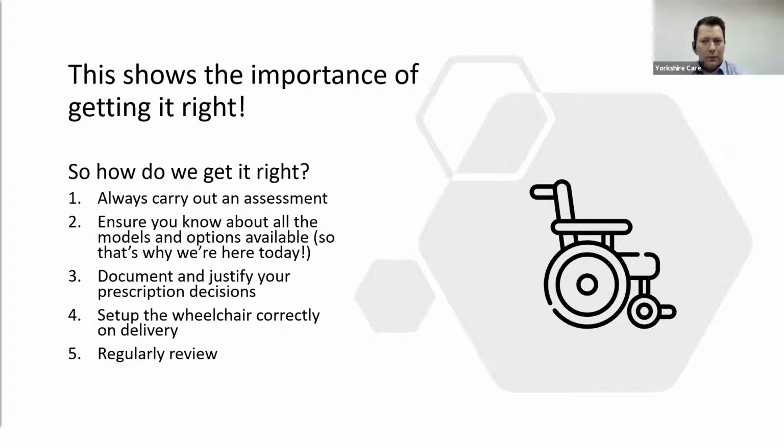Documenting any assessment well in the form of a prescription, justifying why we're going for those features and benefits for that particular user. If they do go ahead, when delivery comes about, ensure that we're setting up the wheelchair correctly. And then, of course, most importantly for these patients where their conditions may vary over time, that we're regularly reviewing them and their needs.